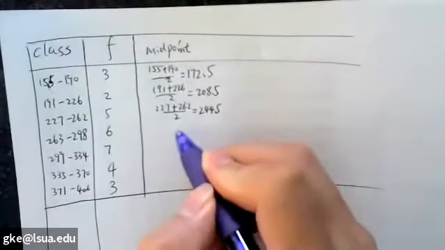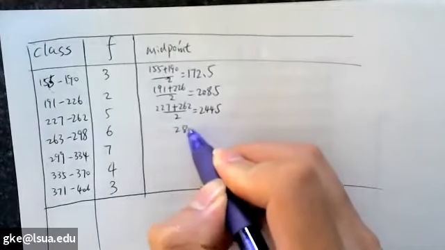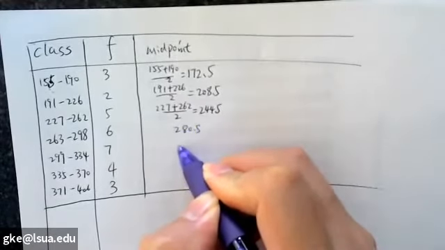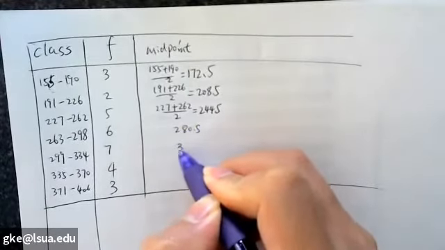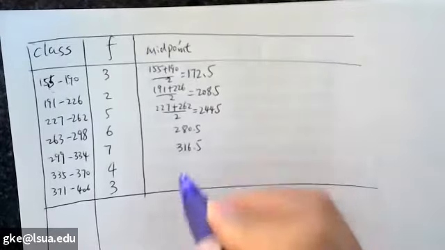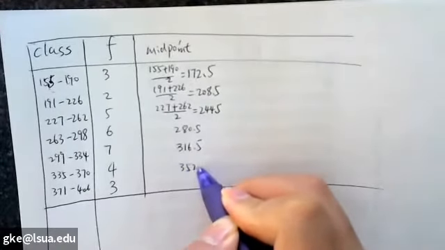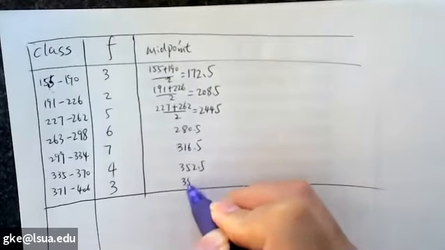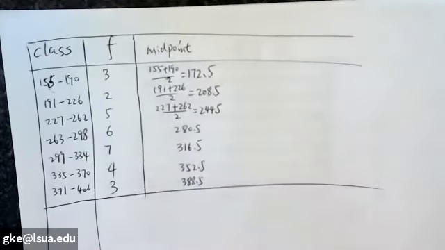And the remaining ones are going to be 280.5, 316.5, and 352.5. Okay, we finished this column.